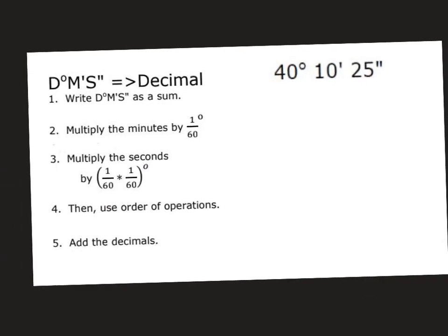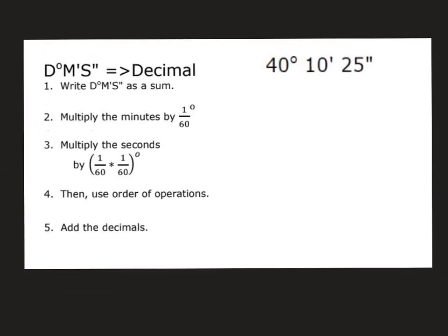So firstly, DMS to decimal. Given the setup of 40 degrees, 10 seconds, and 25 minutes, we want to convert this into a decimal notation. So first things first, I'm going to write it out as a sum. I have my 40 plus my 10 plus my 25.